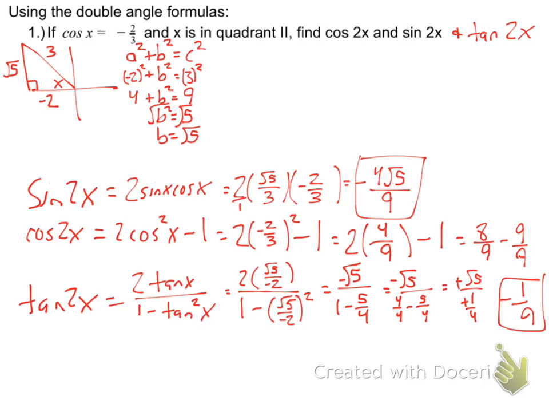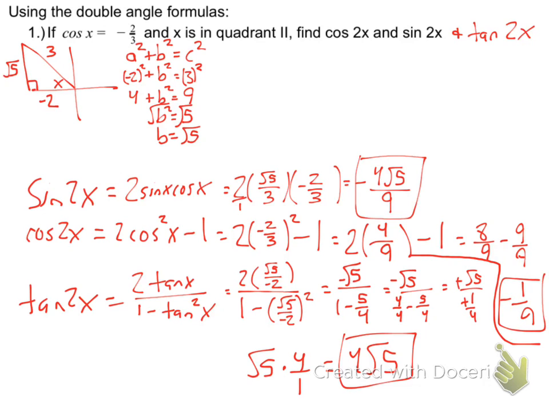But now I have a complex fraction. How am I going to deal with that? You divide by a fraction, you flip and multiply. So isn't that the square root of 5 times 4 over 1, which is 4 square root 5? Done.